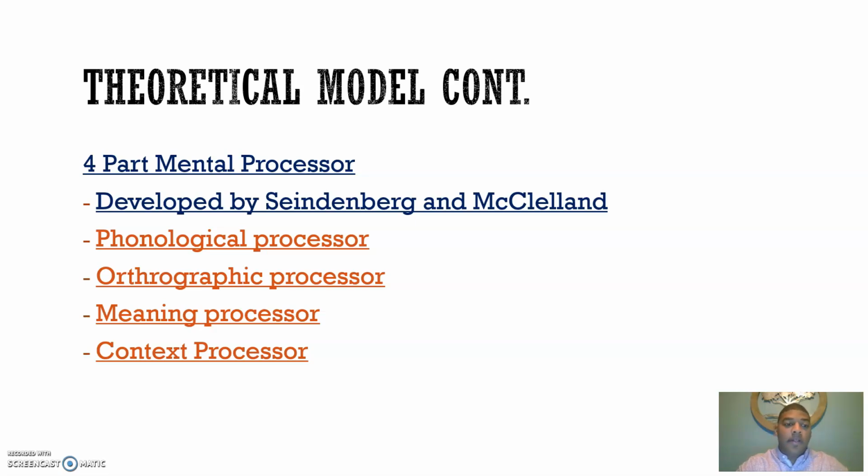And then an orthographic processor, it provides a visual to where we see the print word and start to begin to have sight words and process those letters, spacing, punctuation, things like that as well. Then you have the meaning processor, which is where students start to develop the meaning of words.